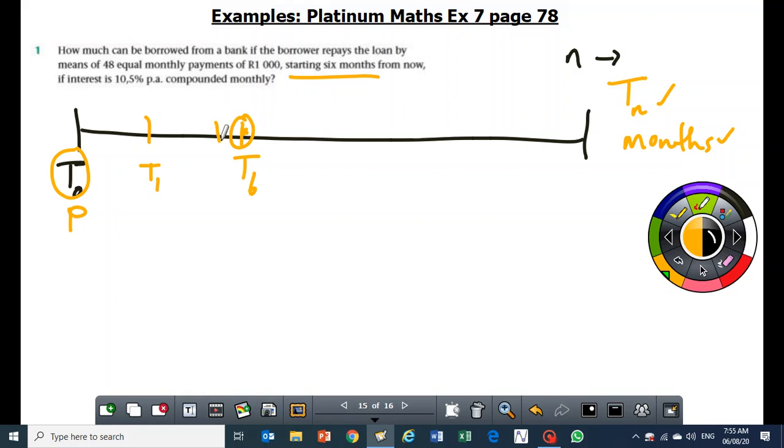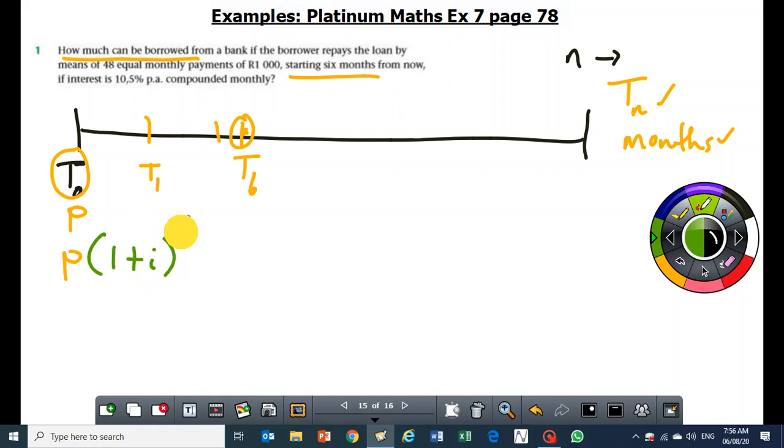For the question, when you are calculating your balance outstanding, what are we trying to calculate? We are trying to calculate the amount borrowed. That is P. A specific amount of money P was borrowed. Then we use the compound interest formula.